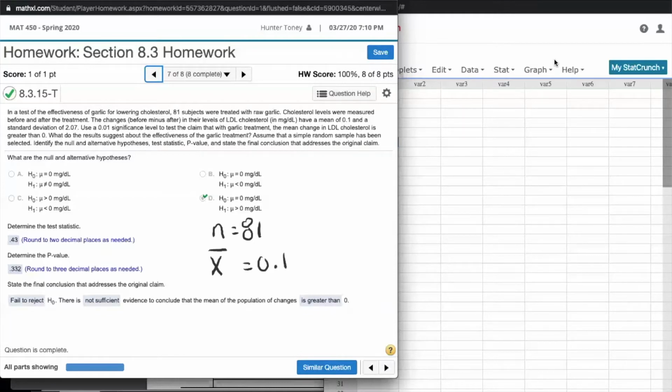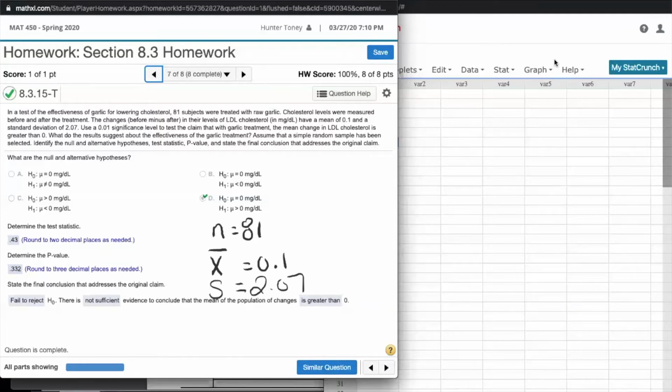And then they tell us that we have a standard deviation for our sample of 2.07. So again, because we're dealing with our sample, we're going to be dealing with our English letters. So we'll use s to denote our standard deviation, which is 2.07.